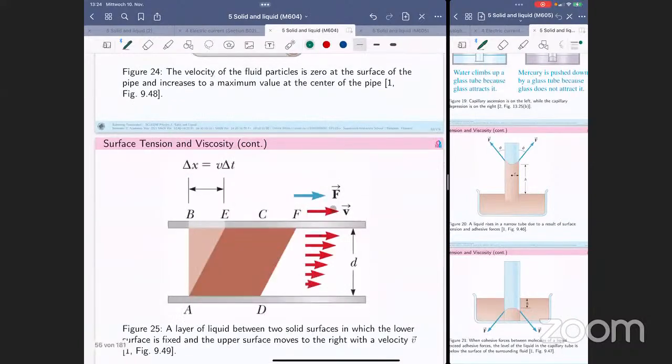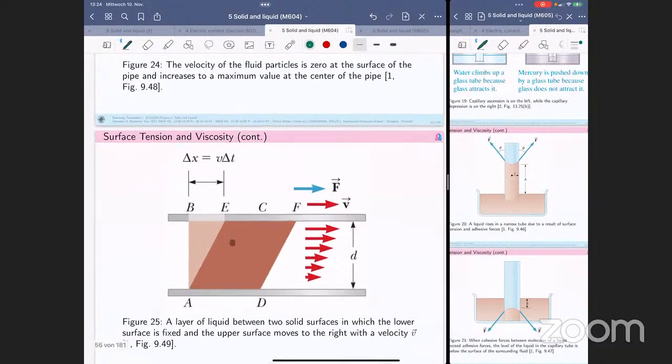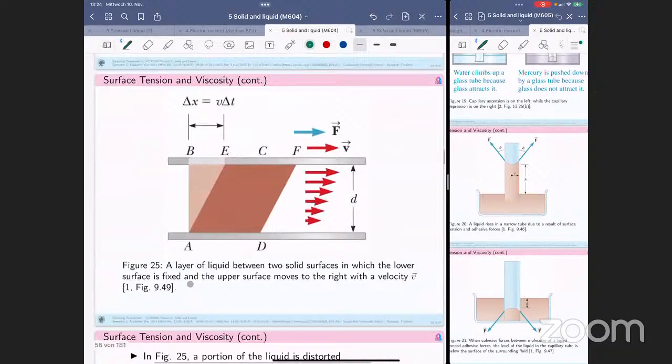All right, and what else? Let's get into the formula. This structure is a layer of liquid between two solid surfaces in which the lower surface is fixed and the upper surface moves to the right with the velocity v.